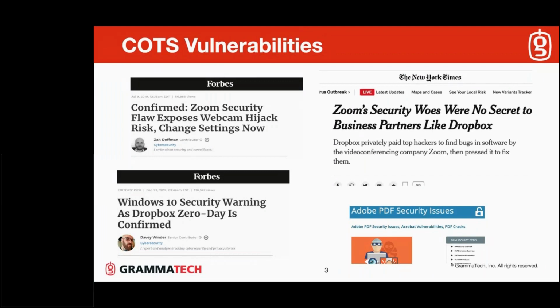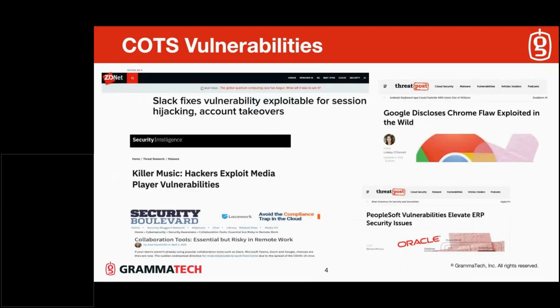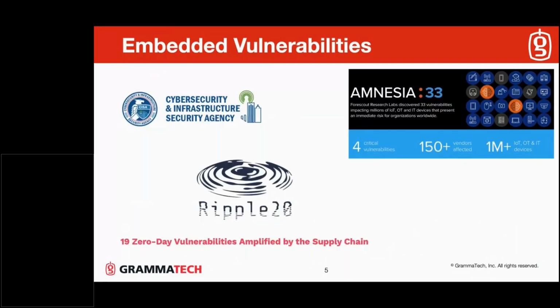So whether it be Zoom or Adobe or Exchange or SolarWinds or whatever it happens to be, there are clearly vulnerabilities that exist out there. And a lot of that focus in terms of the press is clearly on desktop software, but it's just as important in the embedded space. And so there are a couple of different areas in which we can apply this that we'll talk about as we go through the presentation.